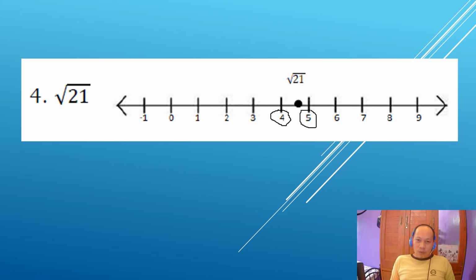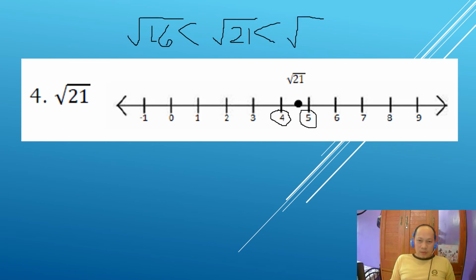So, that's 4 and 5 respectively. Diba? Yung square root of 21 is greater than square root of 16. Alam nyo pa to? Okay. But square root of 21 is lesser than square root of 25.